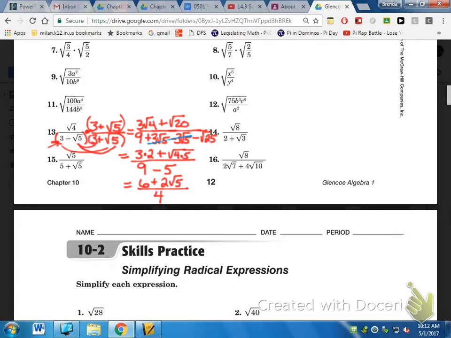It's a 6, a 2, and a 4. So we're going to cancel out a 2 in each one of those. So 3, 1, and 2. Making this 3 plus radical 5 over 2. And that would be your final answer. 3 plus radical 5 over 2.